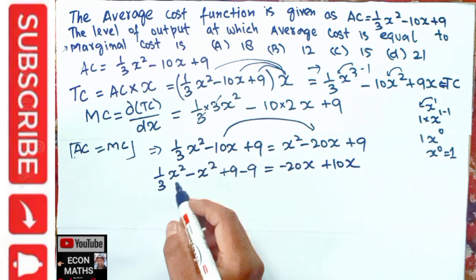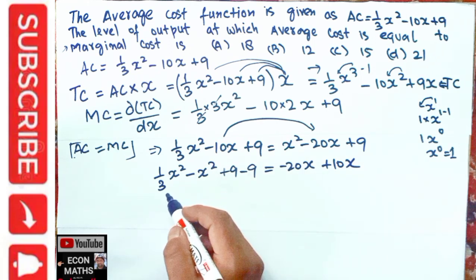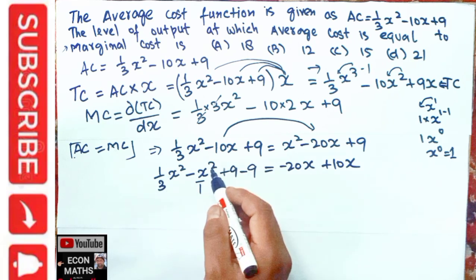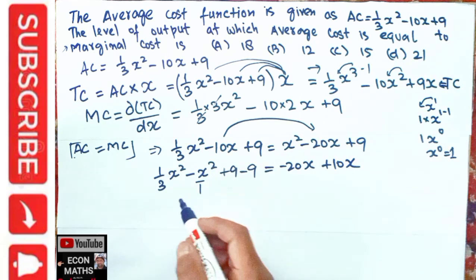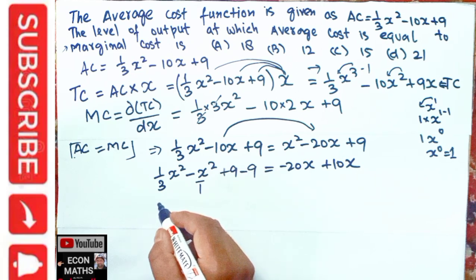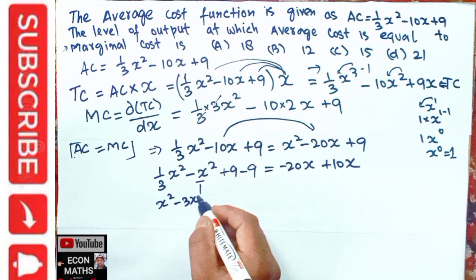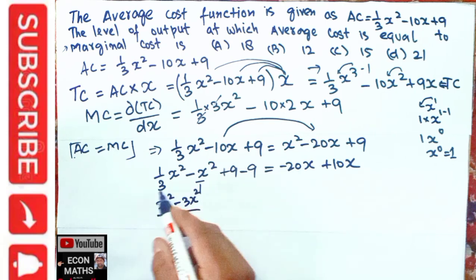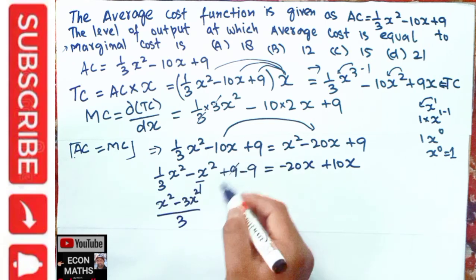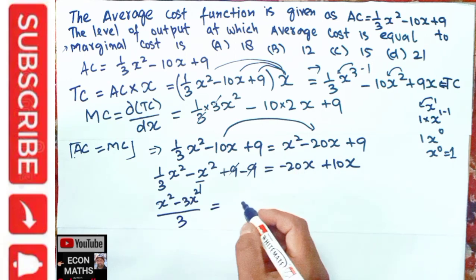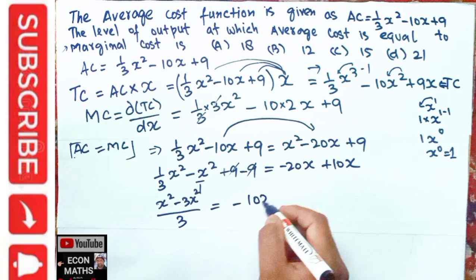So here we have x square minus 3x square divided by 3, plus 9 minus 9 will get cancelled here, minus 20x plus 10x is equal to minus 10x.